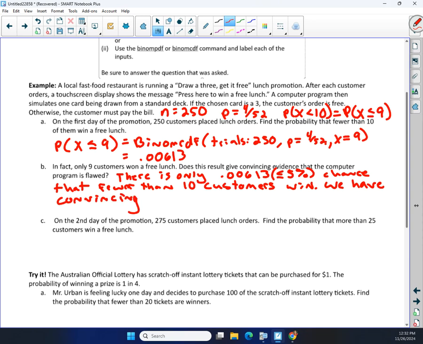There's only a 0.00613 chance that it happened by chance, so it must be real.